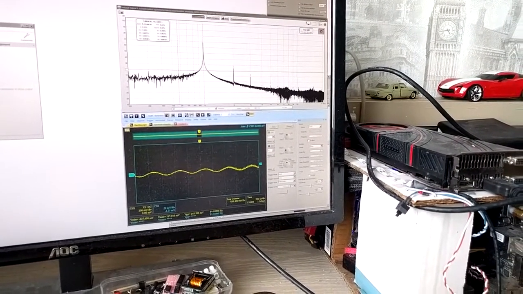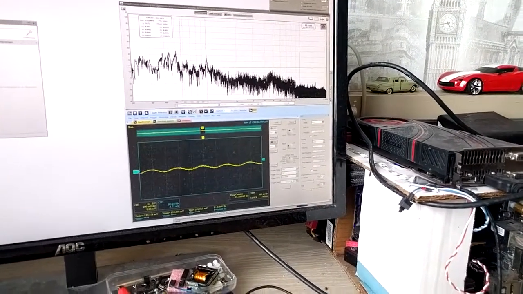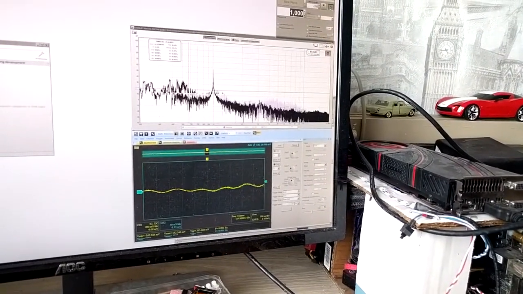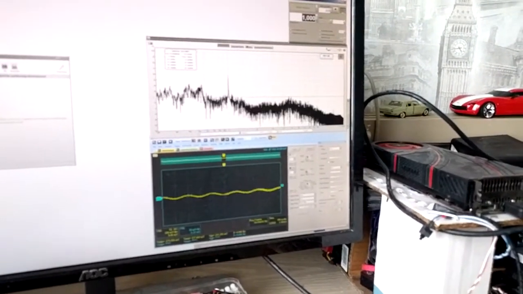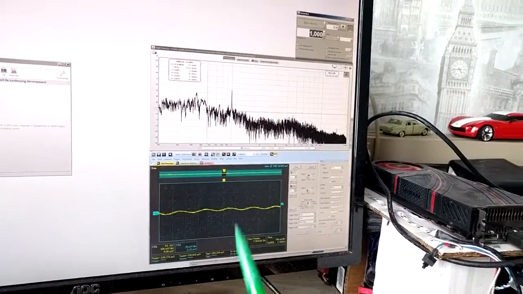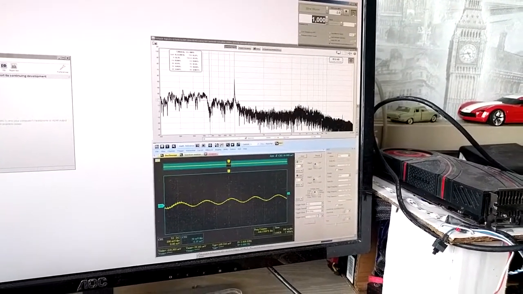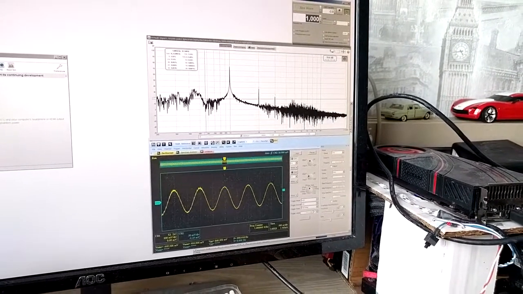So we play with this signal. When the level is low, we see the noise level is up. Actually my voice is the noise level generator. The voice is comparable with the main signal, 1 kHz, but if I increase the signal, my voice is not so prominent any longer.